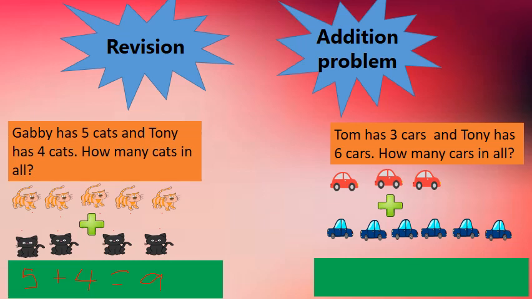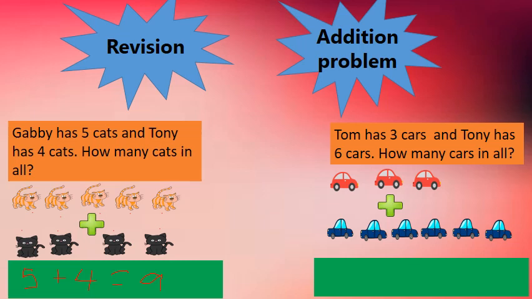I'm going to read it for you again. Tom has 3 cars and Tony has 6 cars. How many cars in all? So the same thing you did in the first problem, let's just put together the two given numbers. The first given number is 3.